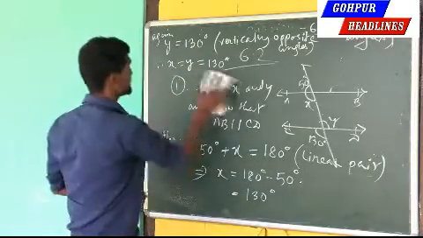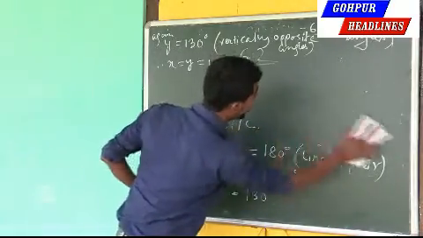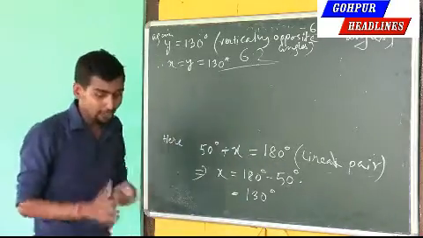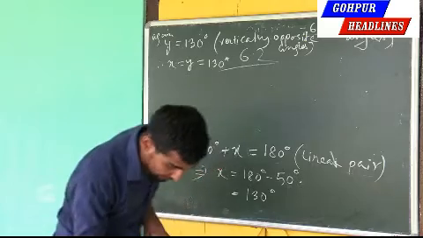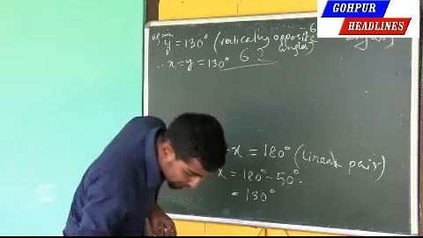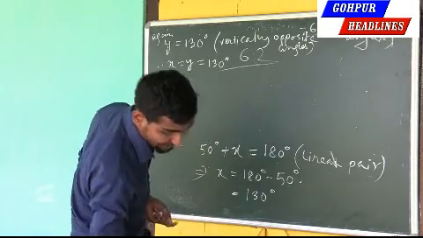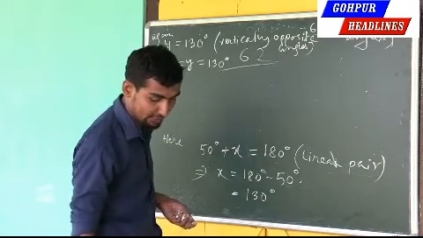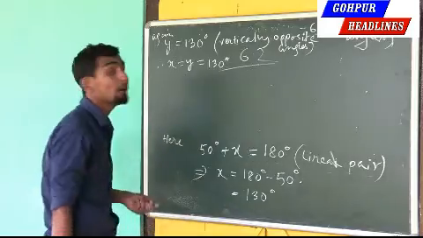Now we have to show that AB is parallel to CD. In our theorem, if a transversal intersects two lines such that a pair of alternate interior angles is equal, then the two lines are parallel.